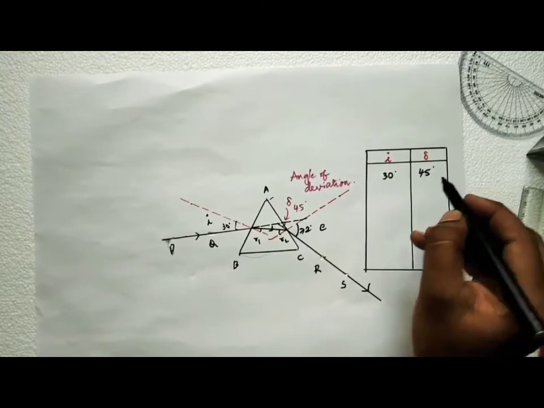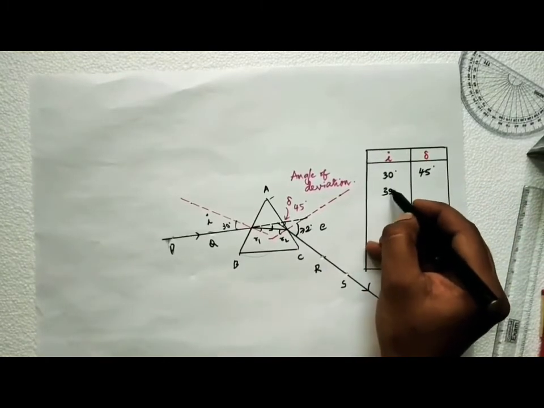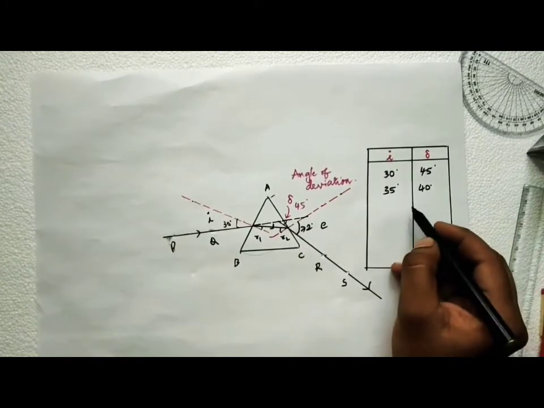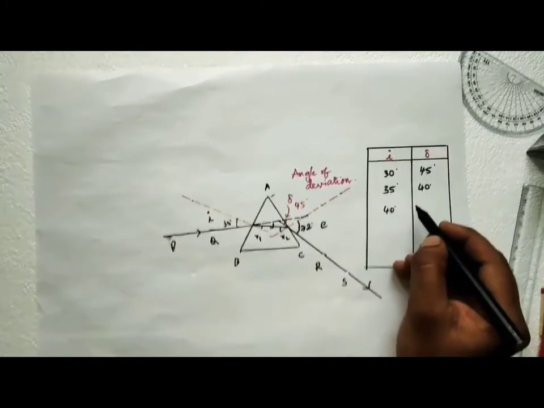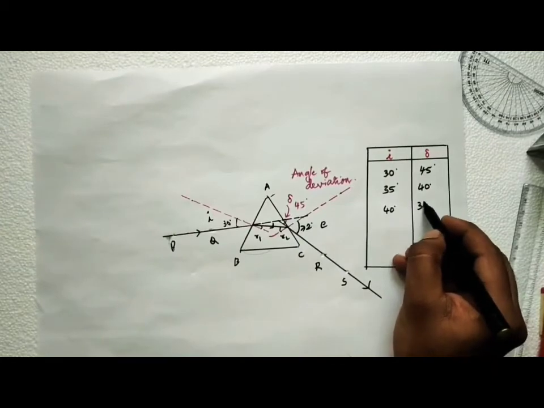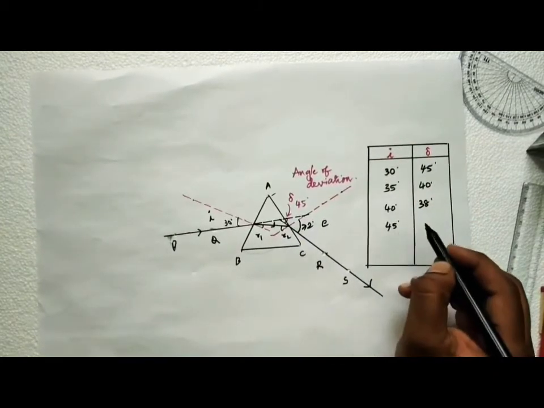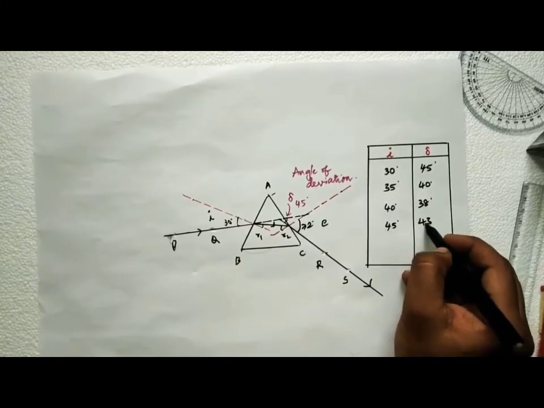Now if it is 35 degrees angle of incidence, the angle of deviation I got is 40 degrees. Now if I take angle of incidence 40, the angle of deviation I measured is 38, and angle of incidence 45 degrees, I measured 43.